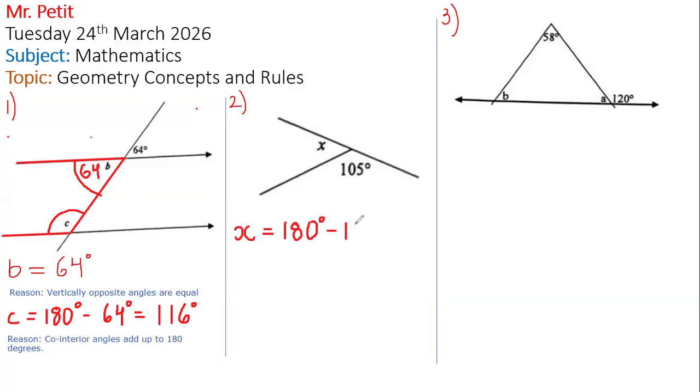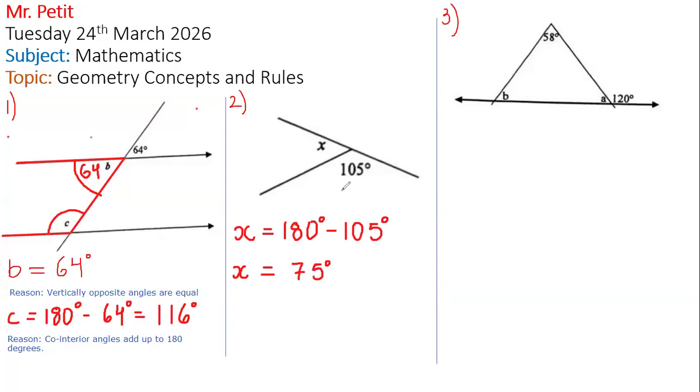What is the rule that we're gonna use? Angles on a straight line. Very good. Angles on a straight line at a common point add up to 180. So what is 180 minus 105? 75 degrees, yeah.